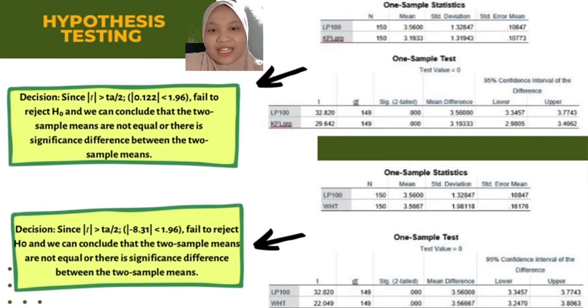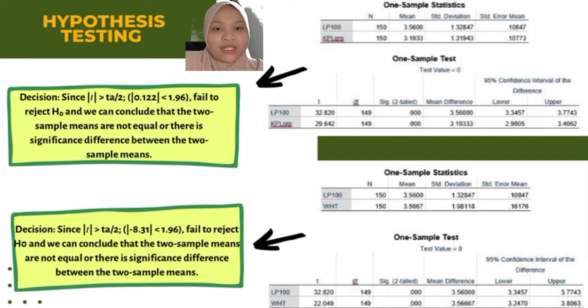For hypothesis testing, we use the t-test and ANOVA method. Because we chose 3 variables, for the one sample t-test, we made 2 comparisons. The first comparison is liter per hundred and KPL, and the second is liter per hundred and weight.